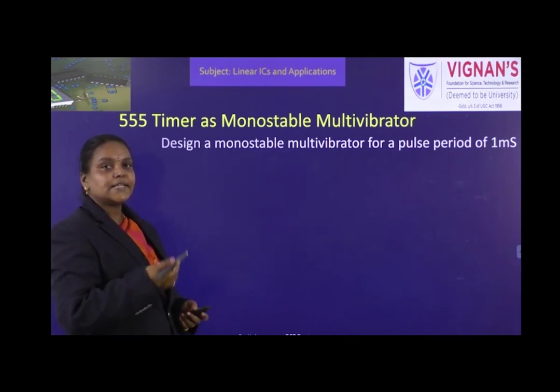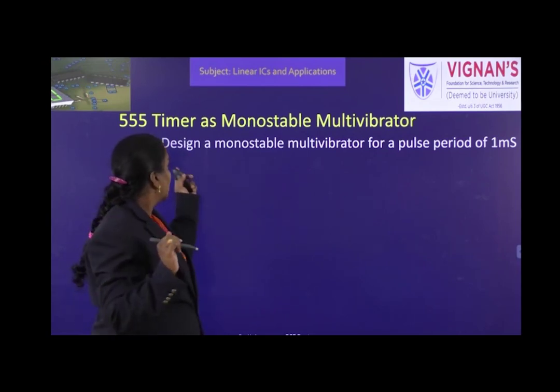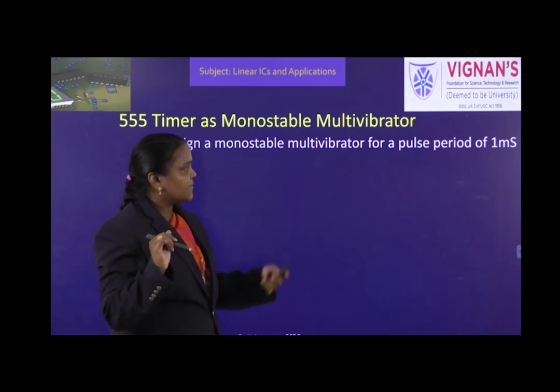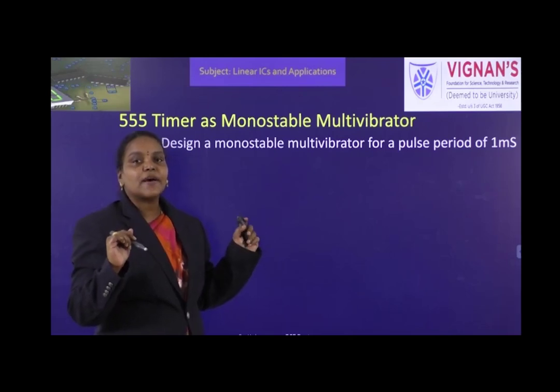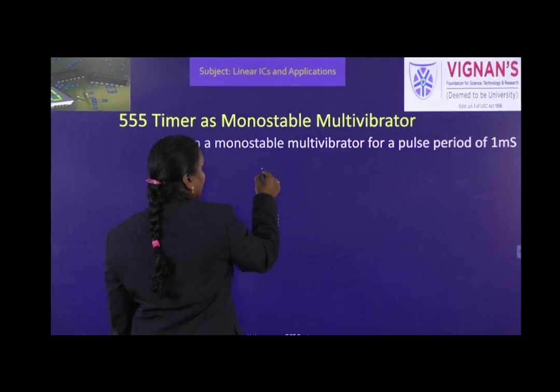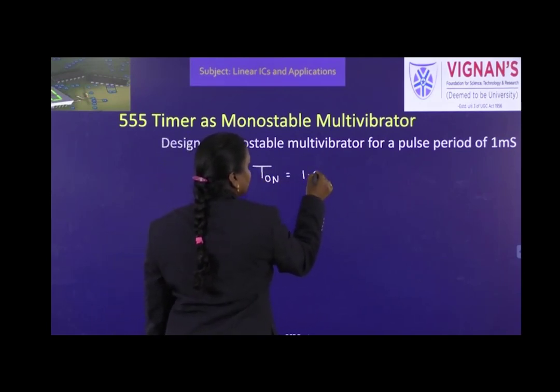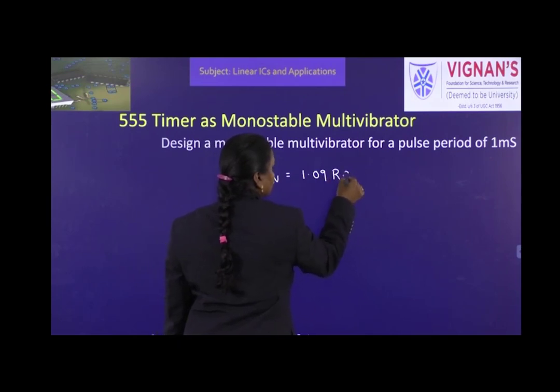Now let us design a monostable multivibrator for the required pulse width. Design a monostable multivibrator for a pulse period of 1 millisecond. What is the time period of a monostable? It is 1.09 RC.